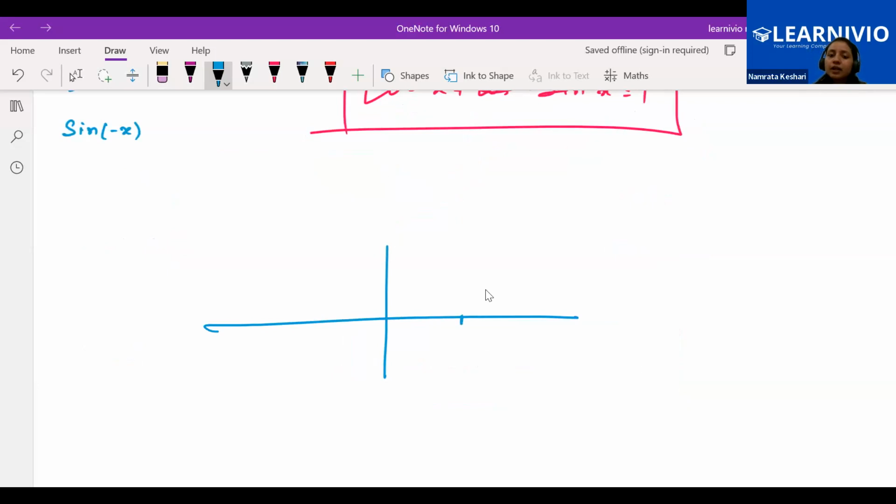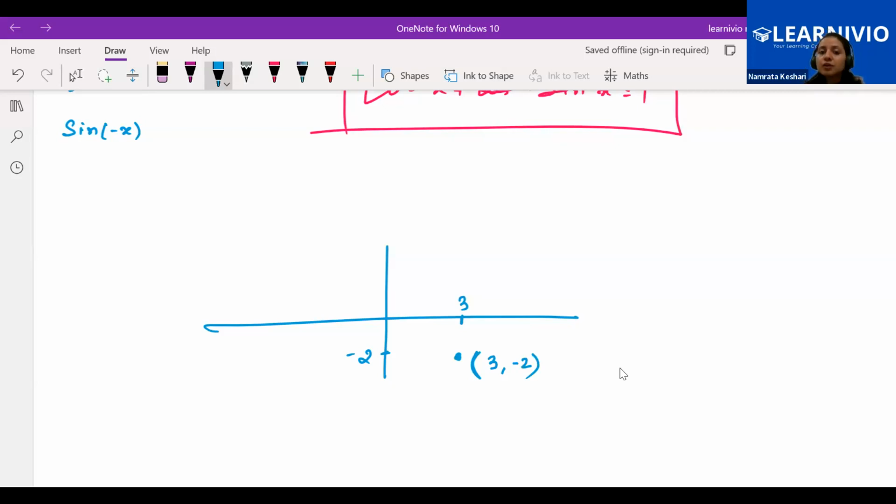If you take a point here, the coordinate will look like, suppose this is 3 and this is negative 2. Which one will be negative, X or Y? Y will be negative, right? X will be positive, right?